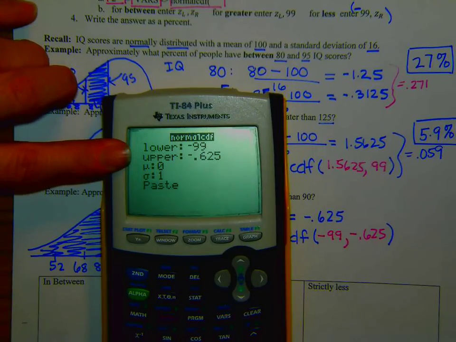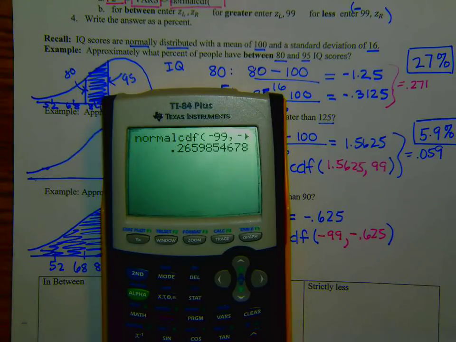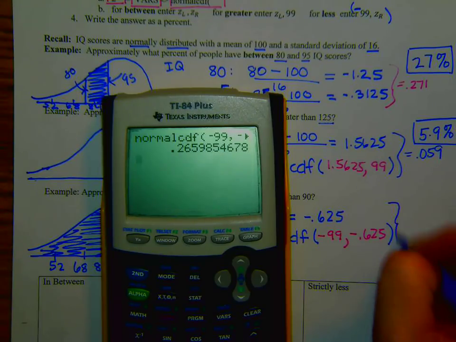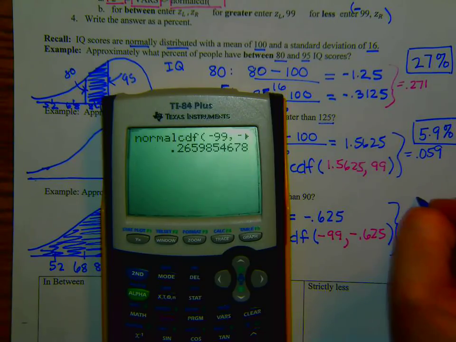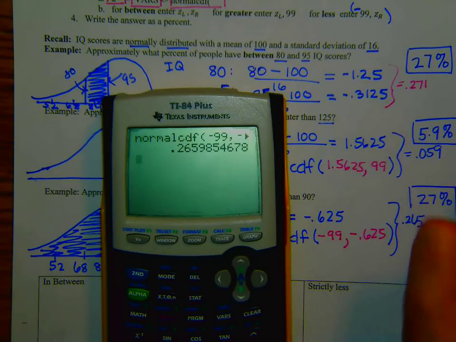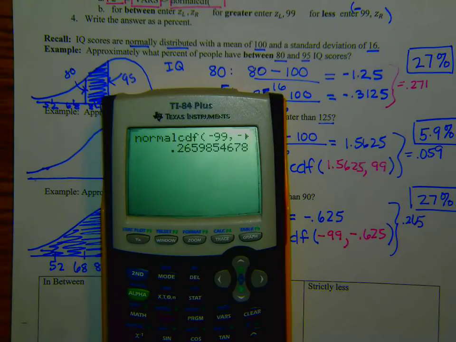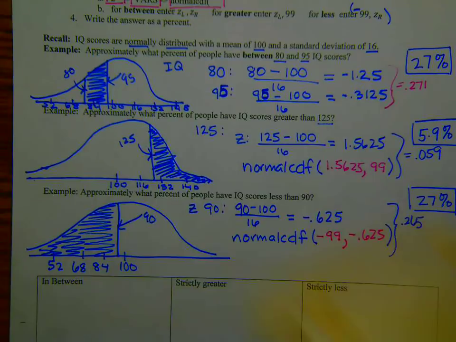Scroll down, enter, enter, and that gives us an answer of 0.265, and moving the decimal point over, we get approximately 27% if we round up. So how many people have an IQ of less than 90? Well, that would be approximately 27%, or 26.5%.